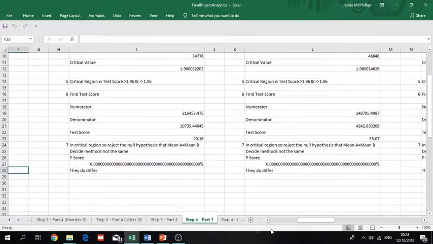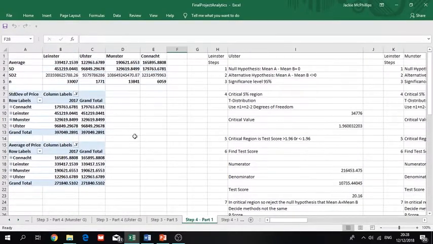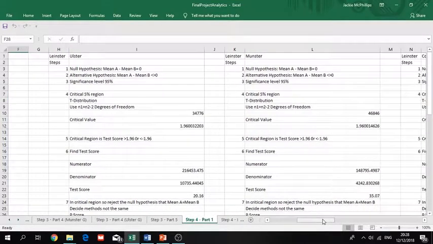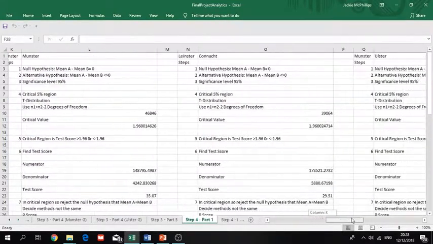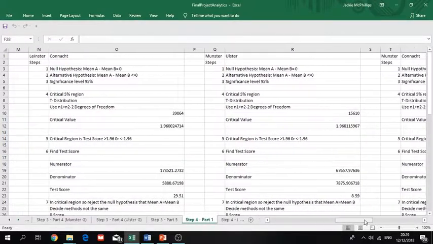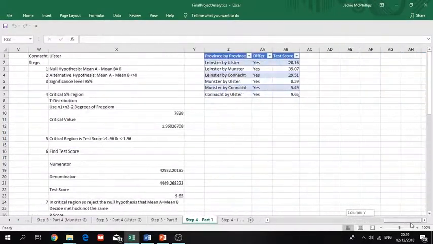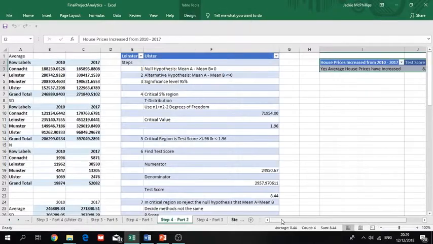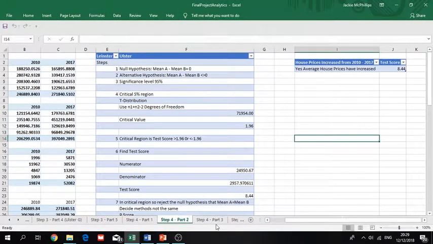Sean then did step 4, part 1, his data, and then his hypothesis testing, province by province. His table of results. Part 2, more data, another hypothesis test, and again table results.